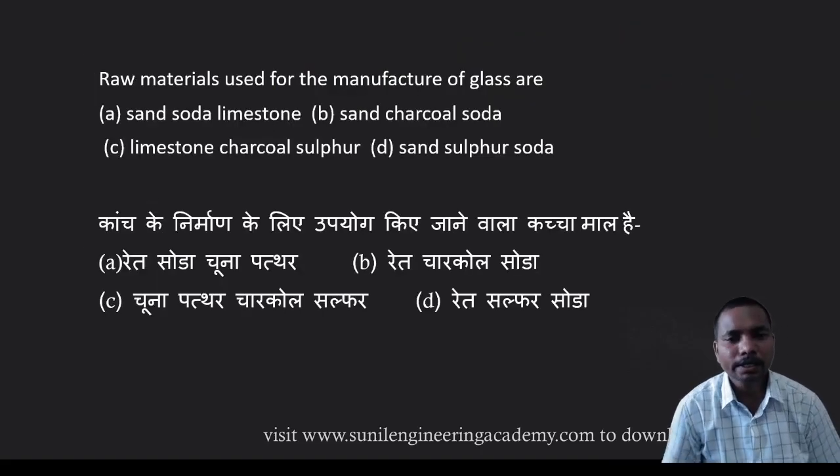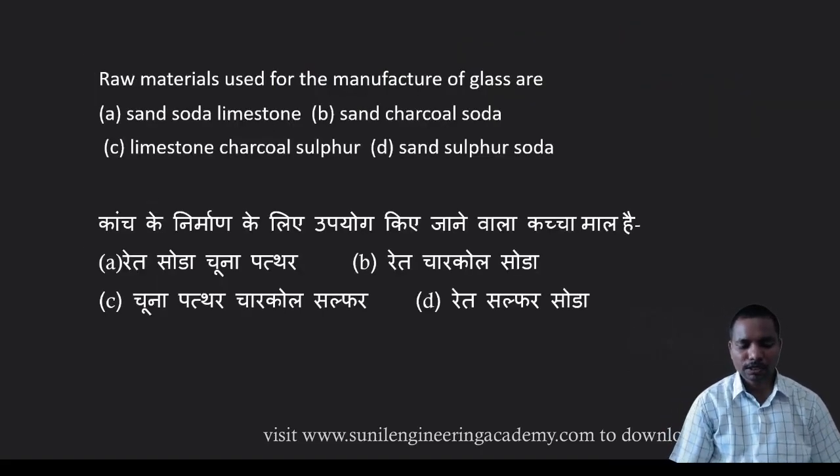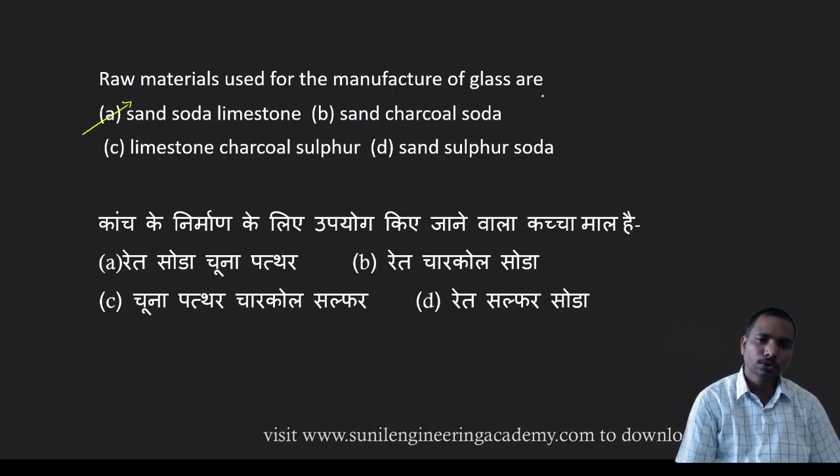And the raw materials used for the manufacturing of glass are nothing but sand, soda, limestone. Sand is nothing but, you can say, a mixture of silica. Soda is nothing but sodium carbonate.